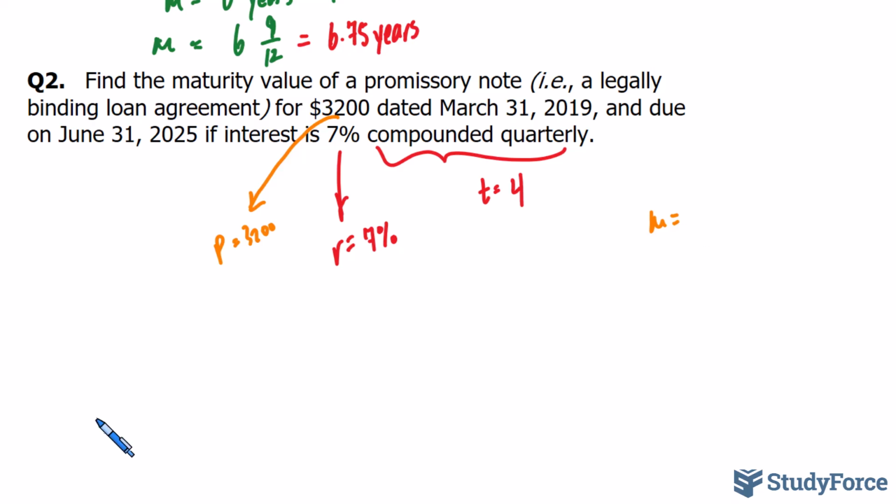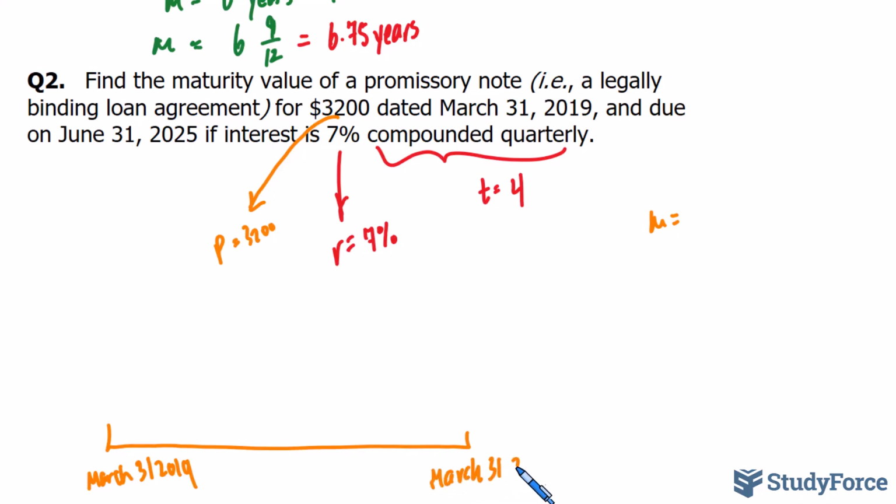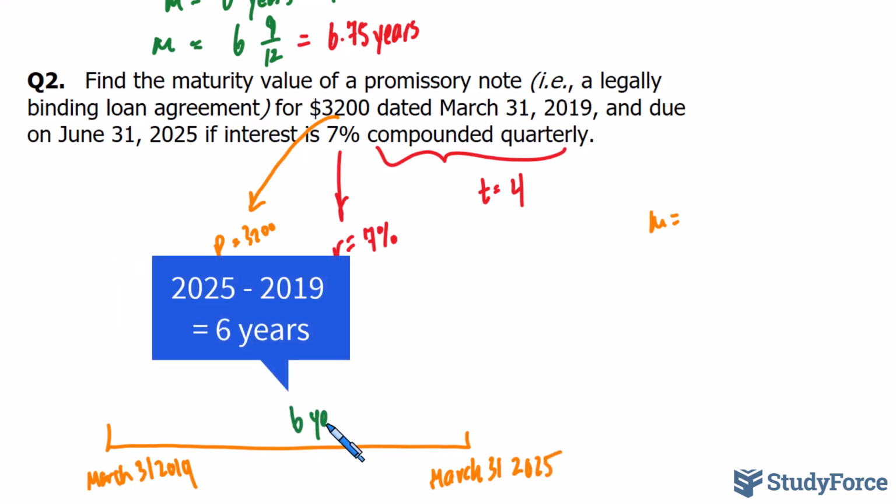So let's create a timeline again. We have from March 31, 2019, and that goes to June 31st, 2025. So let's see how many years is from March 31st to March 31st of 2025. That can easily be calculated as 6 years.